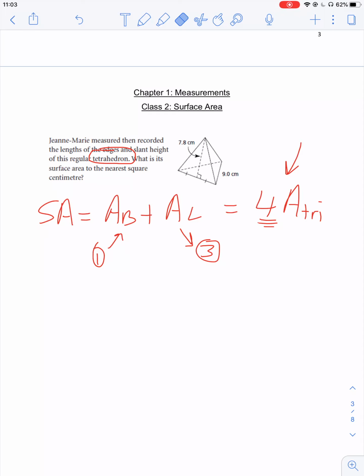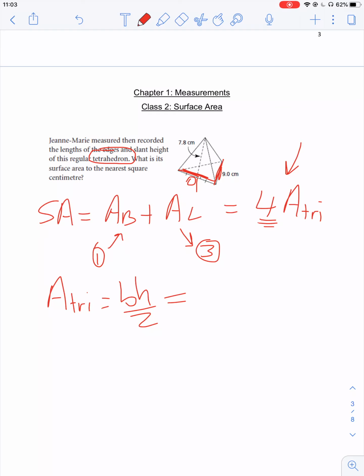The area of one triangle is just equal to base times height divided by 2. So remember, because the triangles are equilateral, if this base over here is 9, then this one also has to be 9, okay?